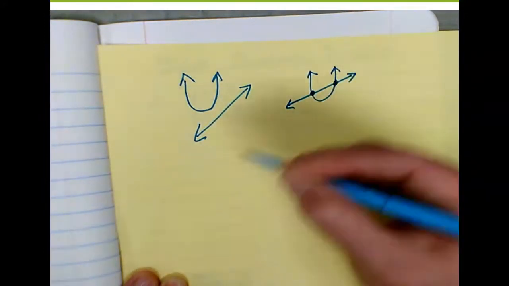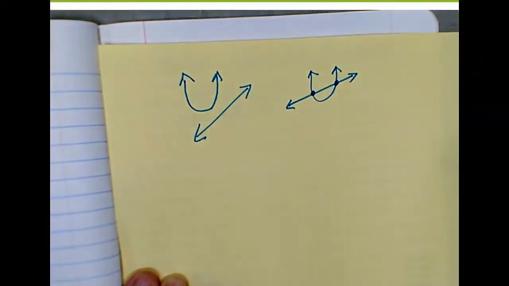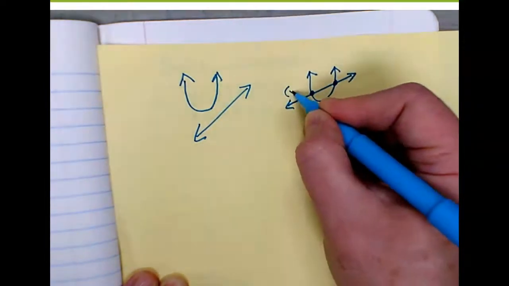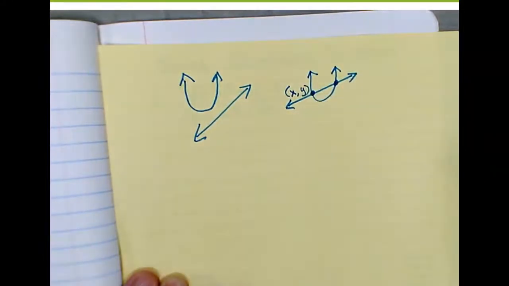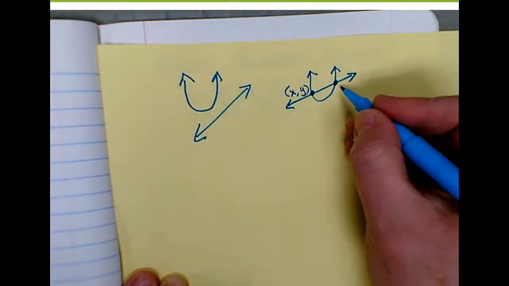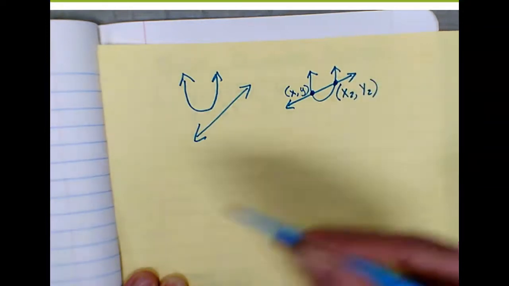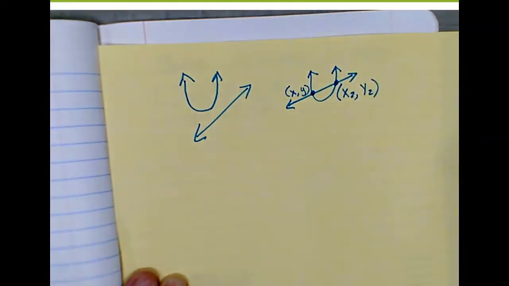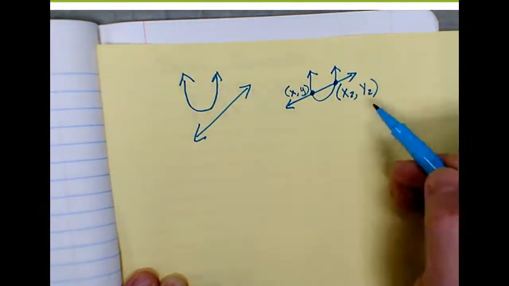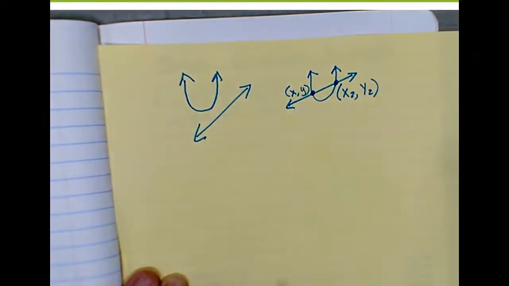And these solutions are points. So it's going to have an x value and a y value. And this one over here is going to have an x value and a y value. So there's actually going to be 4 numbers for the answer, 2 x values and 2 y values.